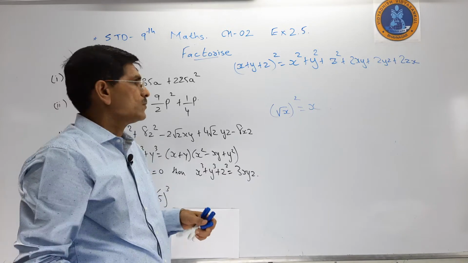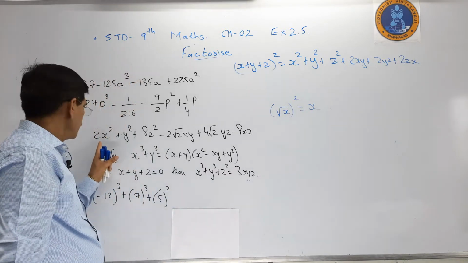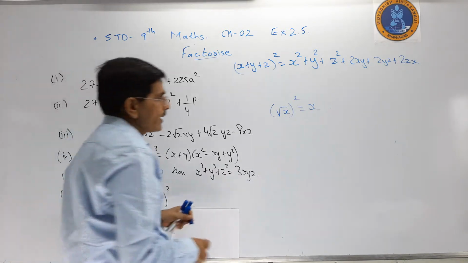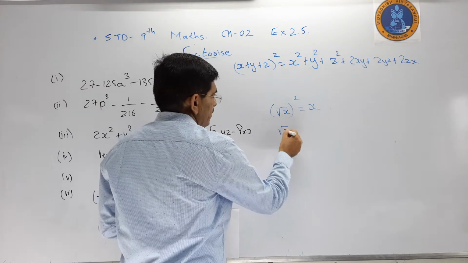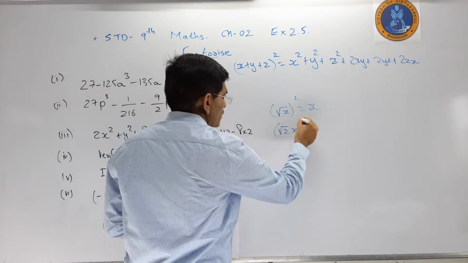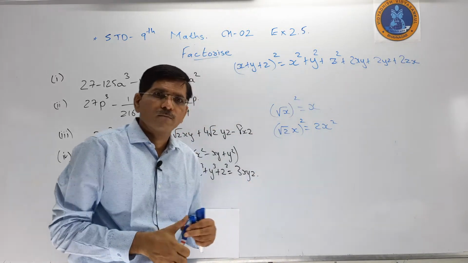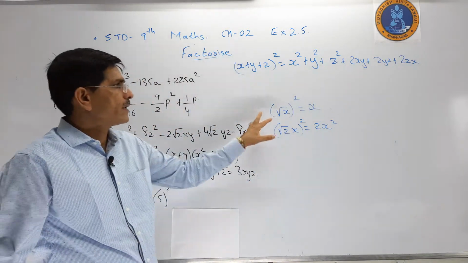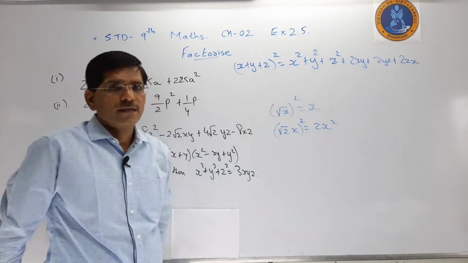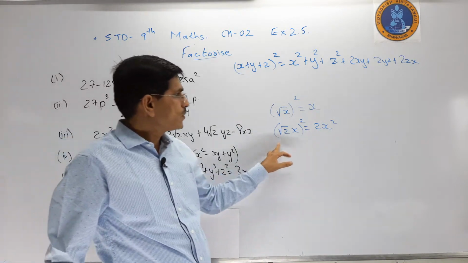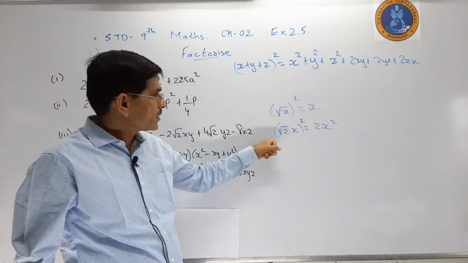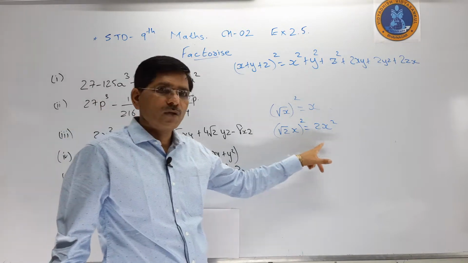So if I want to get 2x square, what do I have to write? I have to write under root 2 and x whole to square. Then I will get the answer 2x square. Under root 2x whole to square gives 2x square.